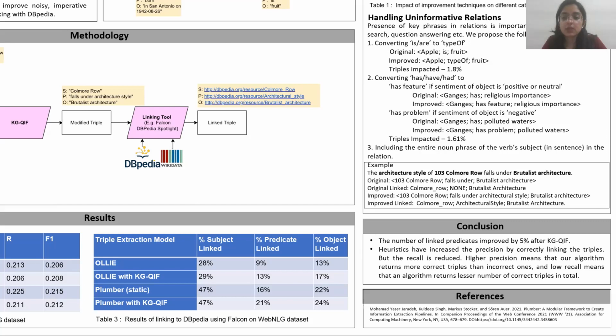So we replace it with "falls under the architecture style" in our improved triple. And we see that in case of the original linked triple, none of the DBpedia relations is properly mapped to our generated relation. In case of the improved triple, the relation is correctly mapped to the correct DBpedia relation.